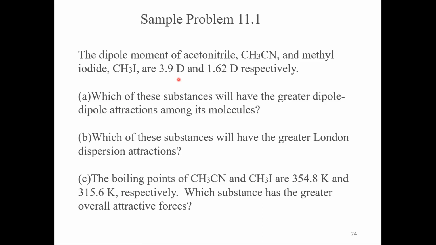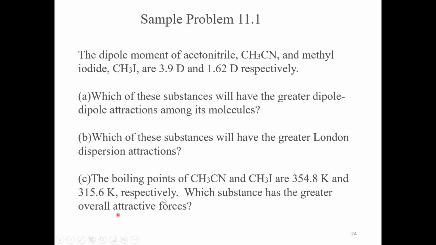So if we had a sample of acetonitrile and a sample of methyl iodide, the acetonitrile is going to have the stronger dipole-dipole interaction. But since the iodine is going to be so much larger than a carbon and nitrogen, so they each have the CH3, we want to focus on that other piece. Since the iodine is so much larger, we'll have more of the London dispersion force with that one.